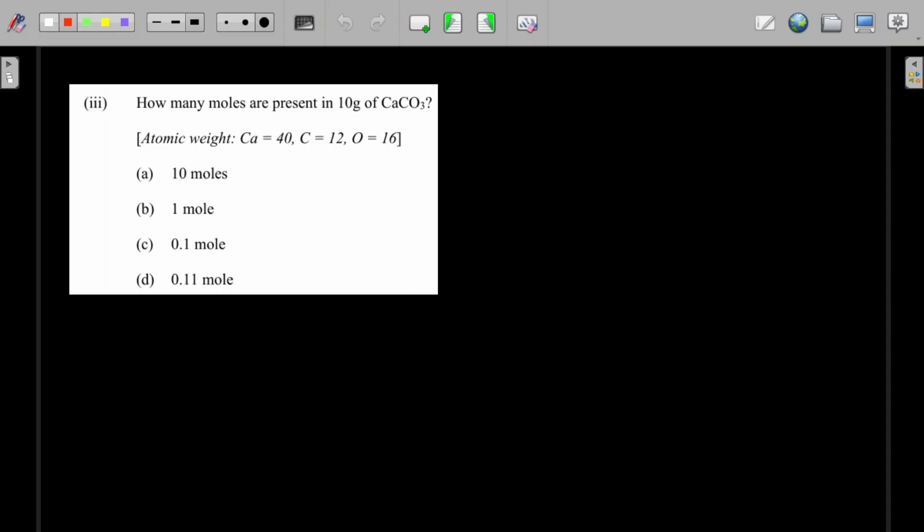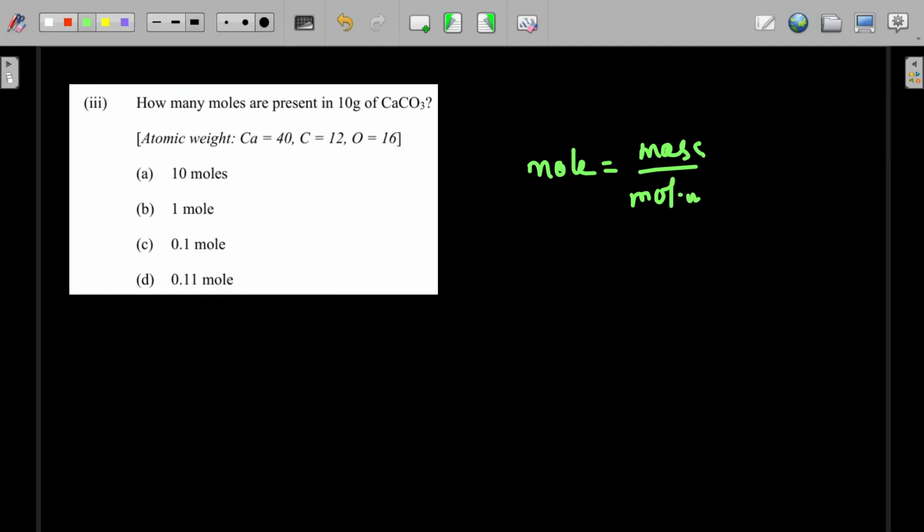Darshwana, tell me how many moles are present in 10 gram of CaCO3? You have to use the formula.